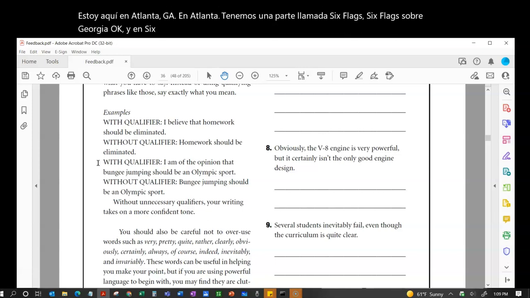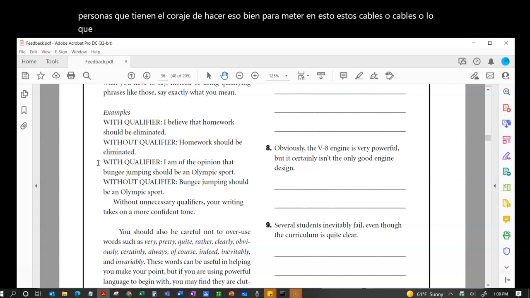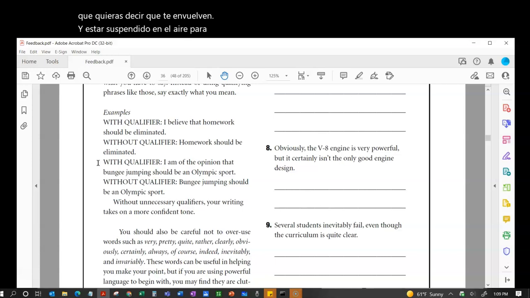It always amazes me, the people that have the courage to do that, to get in these cables or cords that wrap around you, and be suspended in the air to just drop to the ground, hoping that nothing goes wrong and the bungee snaps back. You know what I mean?